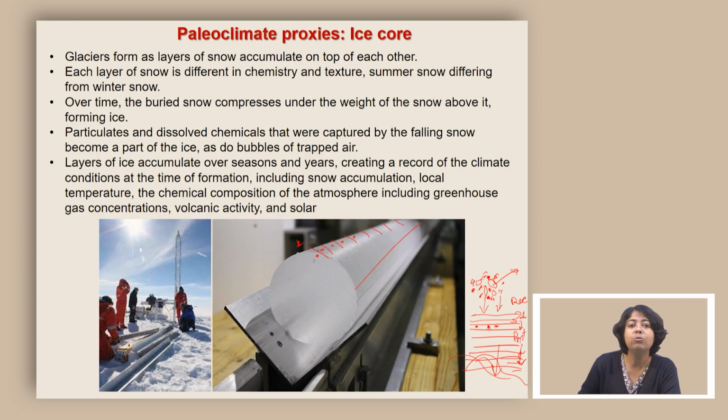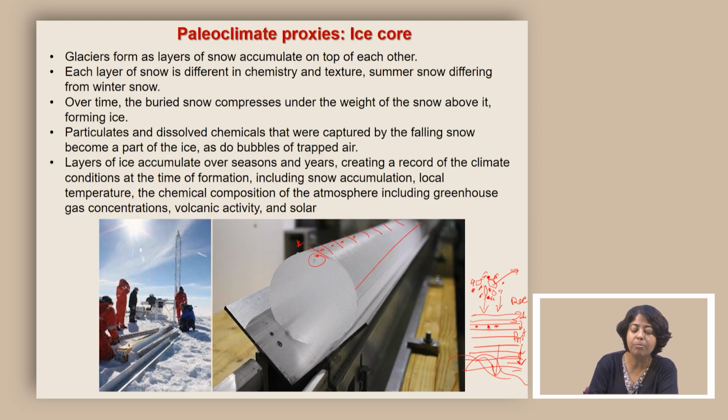It can also tell you something about the atmospheric condition, because it traps the bubbles, and these bubbles are representing the atmosphere. So, you can melt part of this ice, release these bubbles and analyze the composition of those bubbles to get a first hand look at the atmospheric composition.